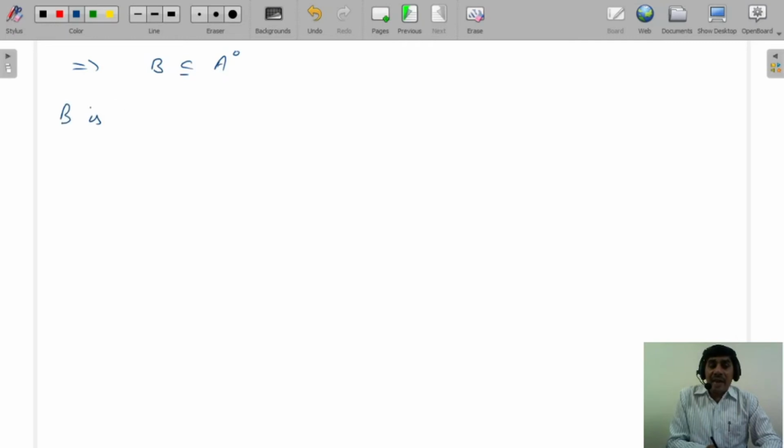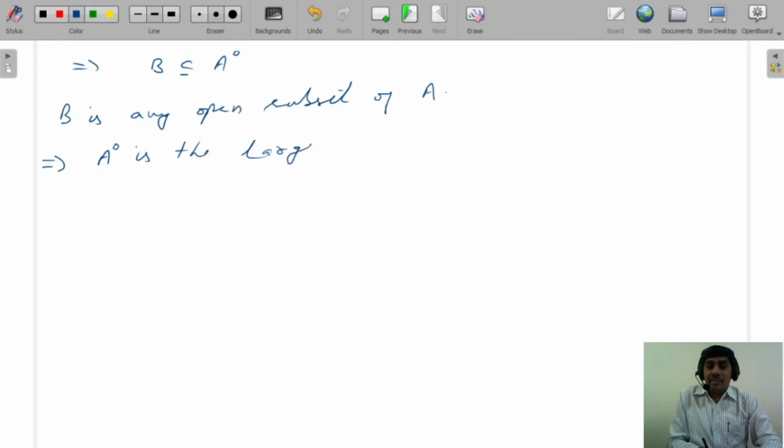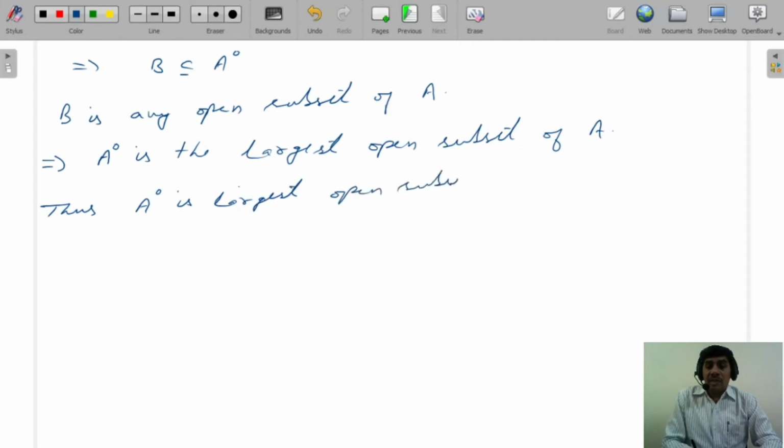B is any open subset of A. This implies A interior is the largest open subset of A. Thus, A interior is the largest open subset of A contained in A.